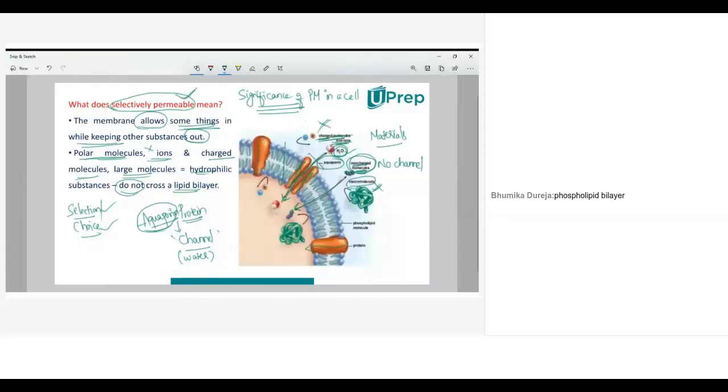Are there any doubts regarding aquaporin? The word aquaporin: aqua stands for what? Aqueous solution, which you read in chemistry. What does aqueous solution mean? Water, obviously. So aqua stands for water, and porin is nothing but pore channels.